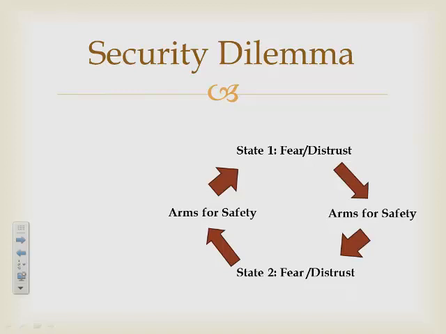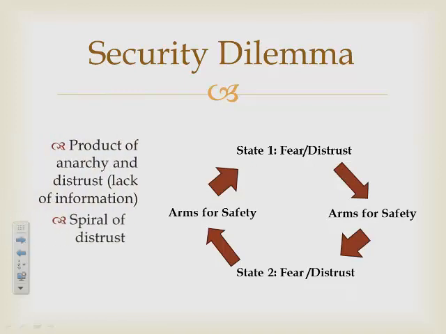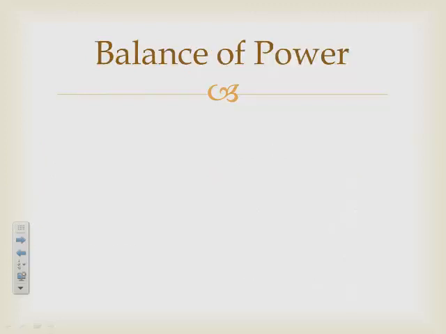This is known as a security dilemma. When it involves arms, as I have put here, this can be known as an arms race, where states are racing to build up their own particular military power. And it can lead to a spiral of distrust and fear.